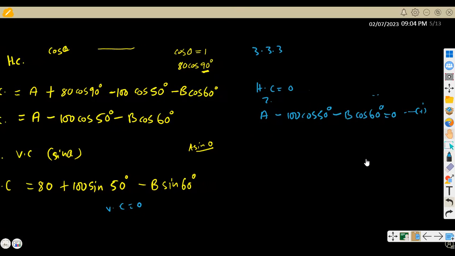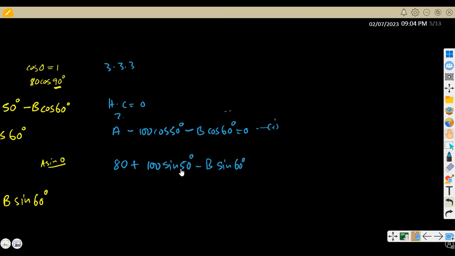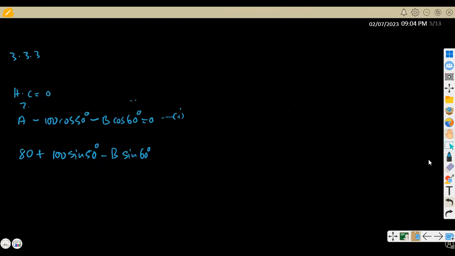So we're going to take the vertical component as it is. That's 80 plus 100 sine of 50 degrees minus B sine of 60 degrees. This whole part is equivalent to 0. If it is equal to 0, therefore, we can solve for A and B. How can we solve for A and B?